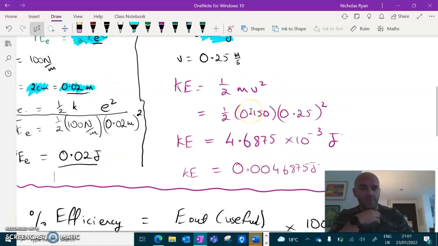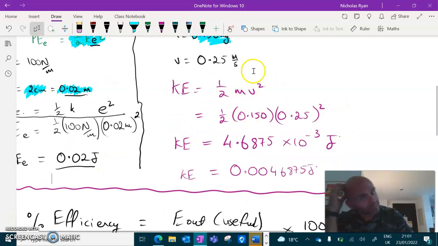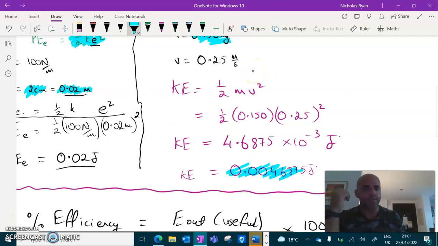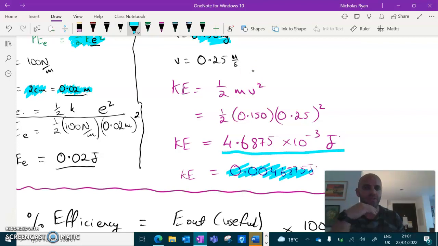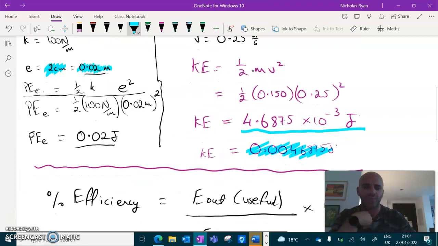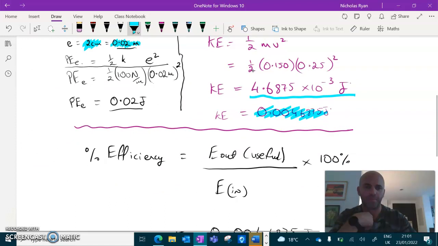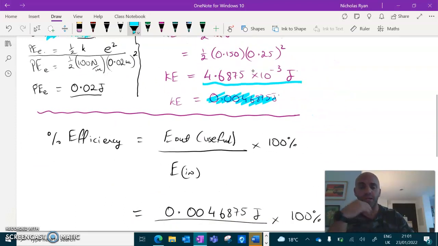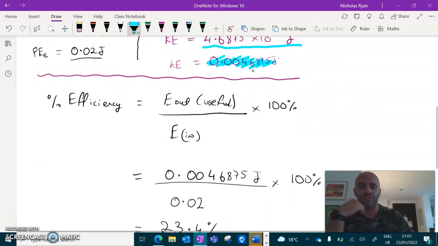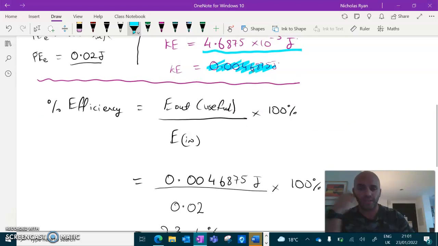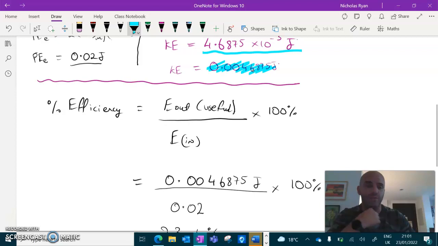But when you sub in the numbers for the kinetic energy, you can see that it's a lot lower. It comes back in scientific notation if you put it into your calculator, but don't let that throw you off. Basically your equation for efficiency is the useful energy divided by the total energy, or the energy in, times 100%.